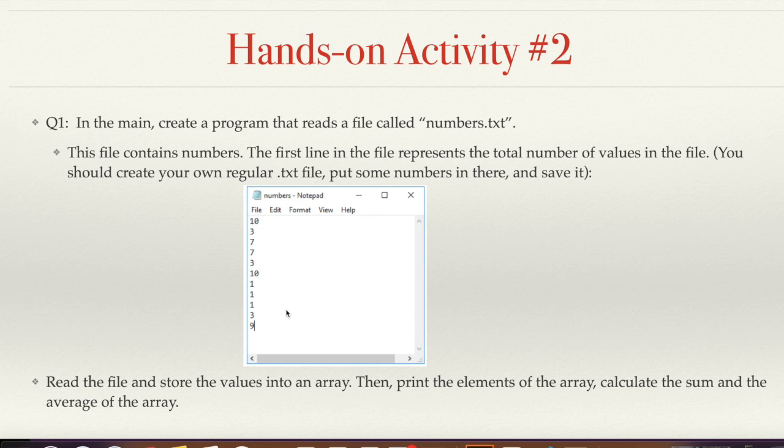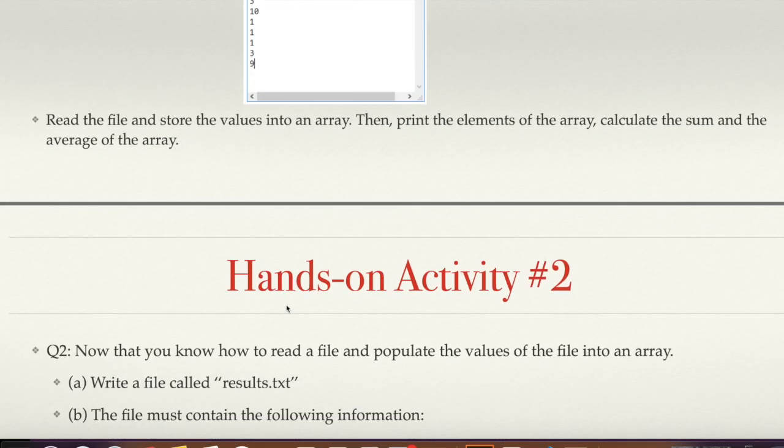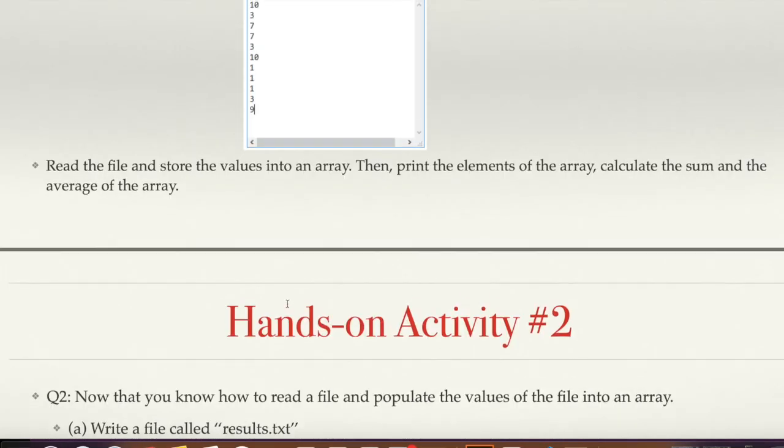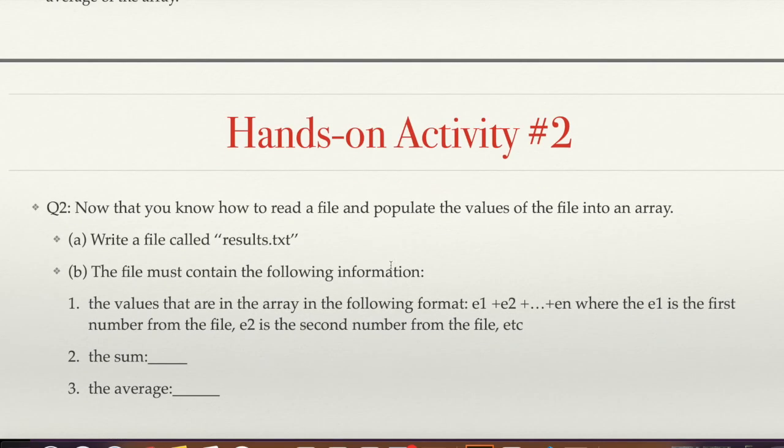Read the file and store the values into an array. Then print the elements of the array, and calculate the sum and average of the array. And of course, you need to write all your results into a new results.txt file.